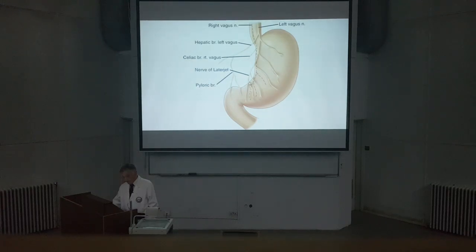The stomach needs nerve supply. Why should it need nerve supply? Because, first of all, you need to modify the muscles. Nerve supply is sympathetic and parasympathetic. Smooth muscle, when you increase the parasympathetic activity, the activity is going to increase. The sympathetic is going to decrease the motility.